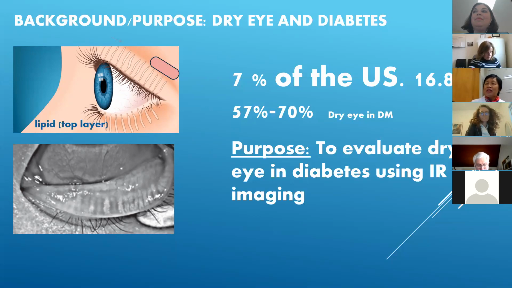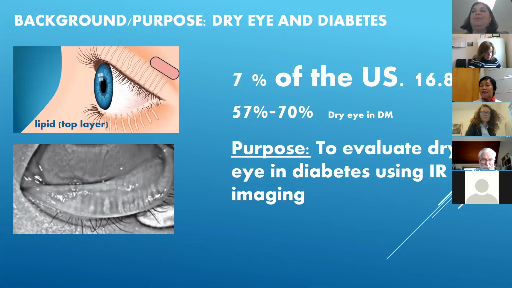So 7% of the United States have dry eye, 16.8 million people, and 57% of type 1 diabetics and 70% of type 2 diabetic patients have dry eye and complain of dry eye. The purpose was to evaluate dry eye in the diabetic patient using infrared imaging. The infrared imaging is what you see on the lower left corner, that photograph.